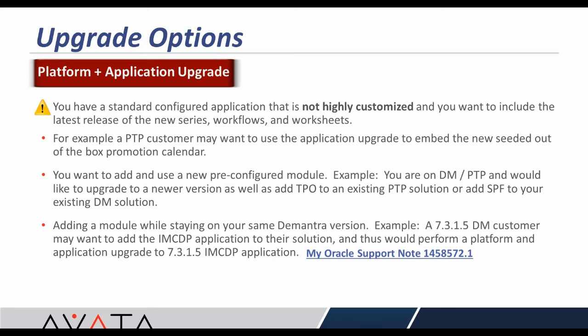Another example is, suppose you're a DM customer and you want to implement in-memory consumption planning, then you will have to do a platform plus application upgrade. What we have done is we have attached an Oracle support note in here for you to review it further if you want to have more details on the upgrade options.